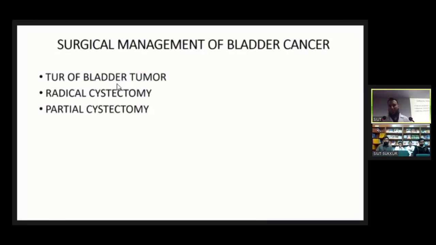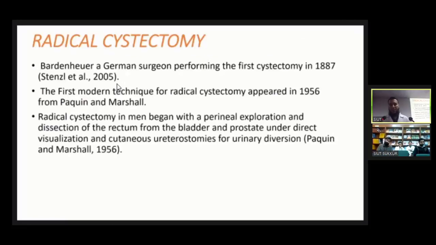In surgical management of bladder cancer, we discussed in detail in the previous lecture the TURBT, resection of tumor, but now we discuss the radical cystectomy and the partial cystectomy. Radical cystectomy: Karl Burton Howard, a German surgeon, performed the first cystectomy in 1887, and the first modern technique for radical cystectomy was by Buchan and Marshall in 1956.